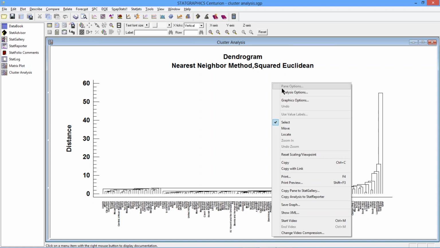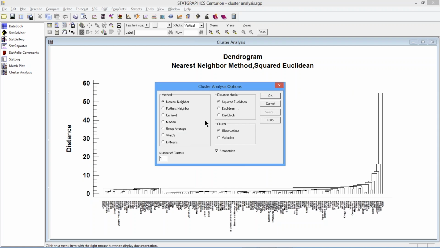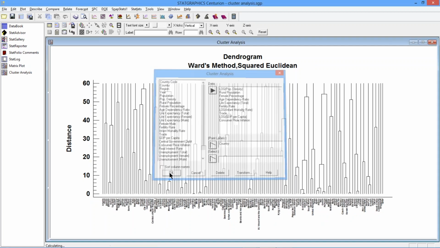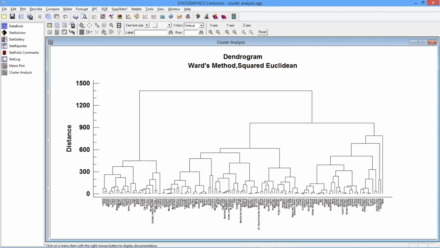On the other hand, if I go back to the analysis options and ask it to use Ward's method, okay, and then I'm going to rescale this a little bit. Okay, there we go. You see that Ward's method behaves quite a bit differently.